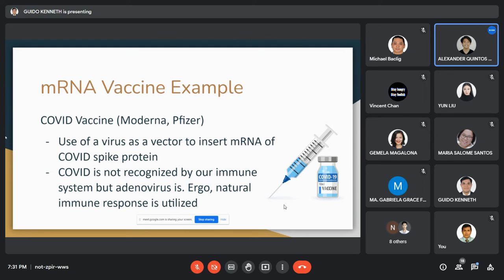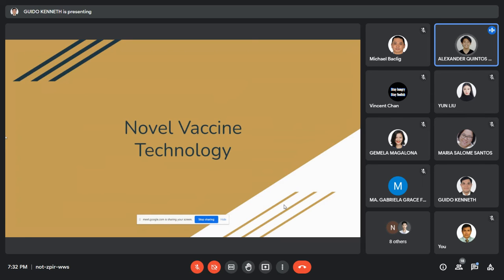Therefore, if we use adenovirus as a vector to insert the mRNA of a COVID spike protein, we can create a natural immune response and therefore have an immunity to COVID. So, Sir Ken will continue with novel vaccine technology.